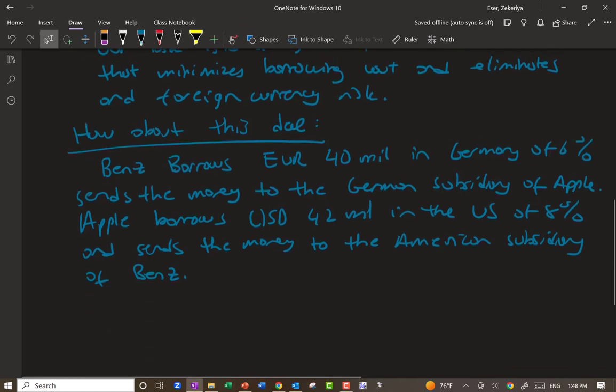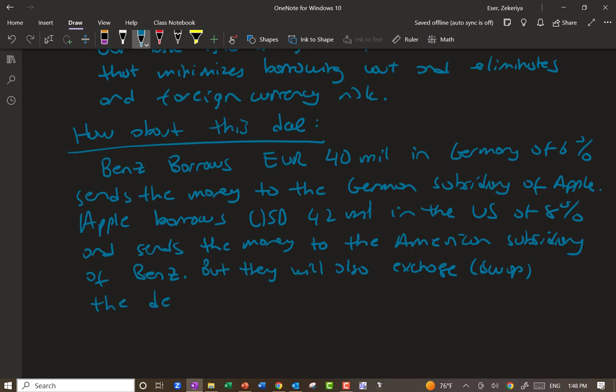But they will also exchange, swap, the debt service obligations.